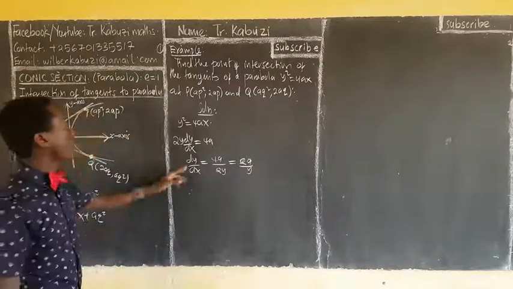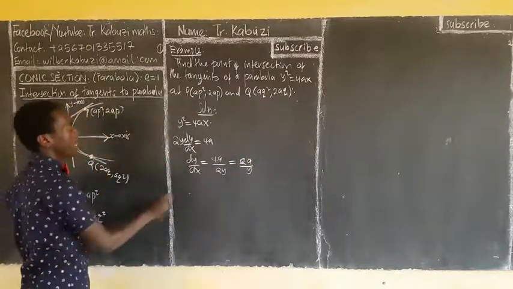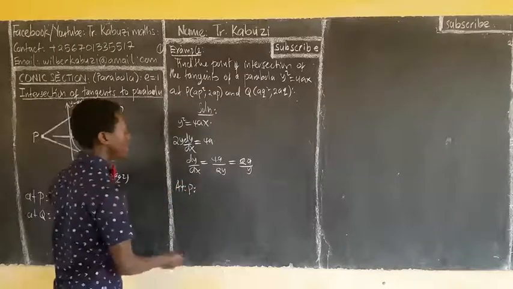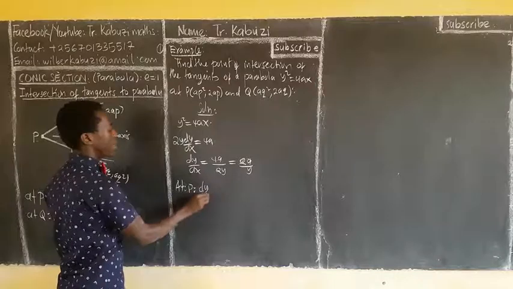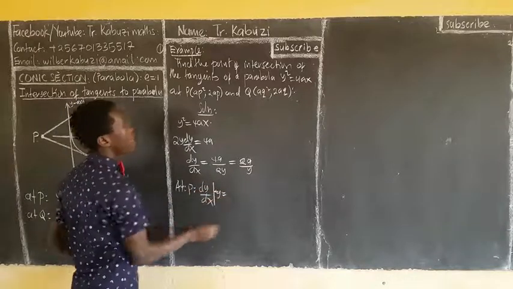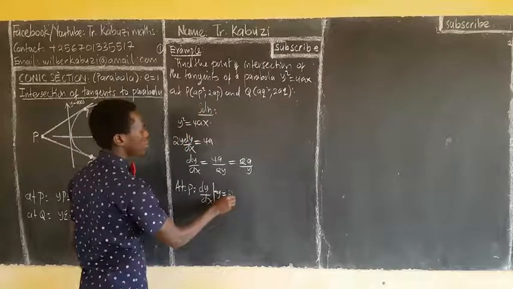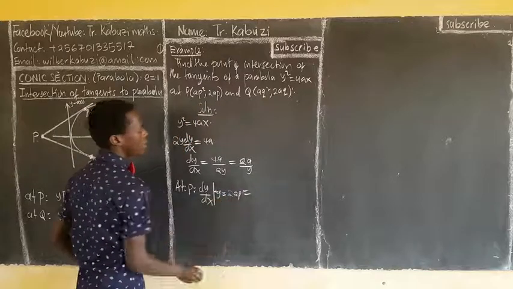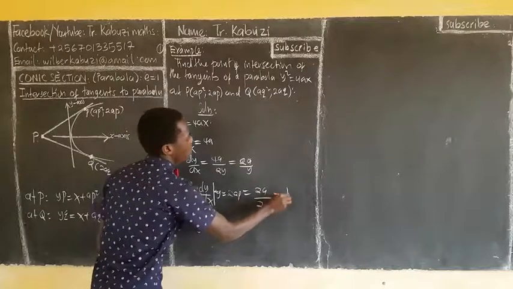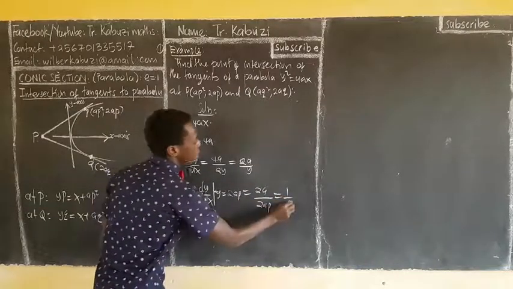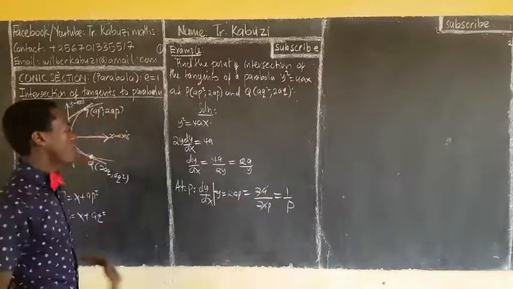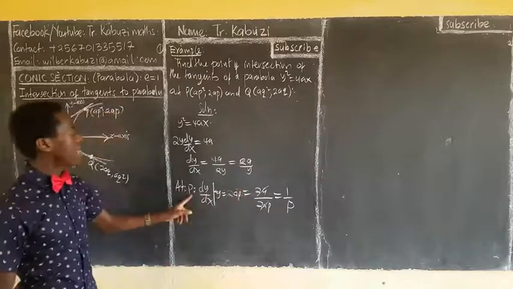So now we come to p, what is going to be our gradient? You know that at p, the value of y is 2ap, which is going to give us 2a over 2ap, which will be 1 over p, because this and this disappear. So now I have the gradient of this tangent at this point.